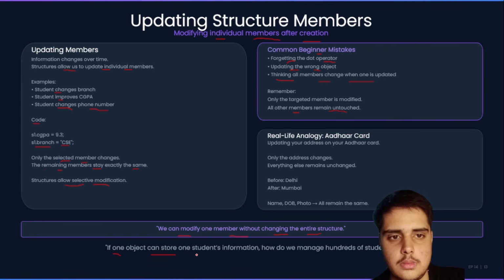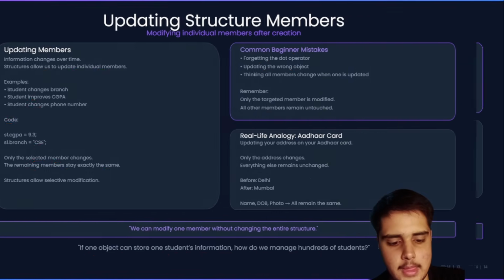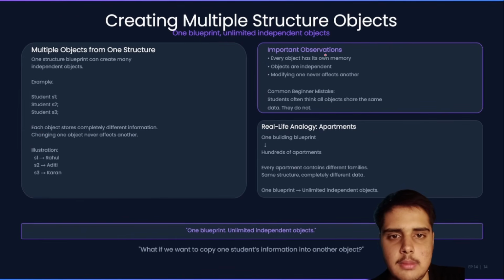So if one object can store one student's information, how do we manage hundreds of students? That's where creating multiple structure objects comes in. One structure blueprint can create many independent objects.